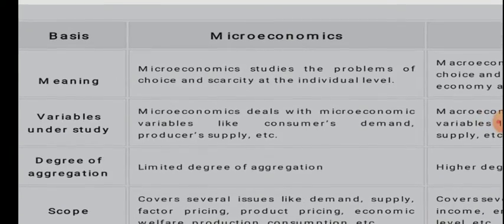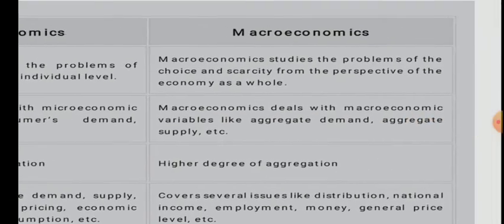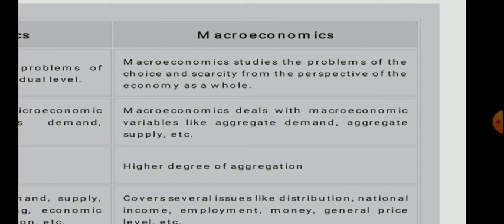Now, what are the variables we have under this study? In case of microeconomics, it deals with microeconomic variables like consumer's demand, producer's supply, all these things. Means here we will consider the individual or maybe market demand, the supply of a firm and like that, or maybe cost and revenue of a firm.